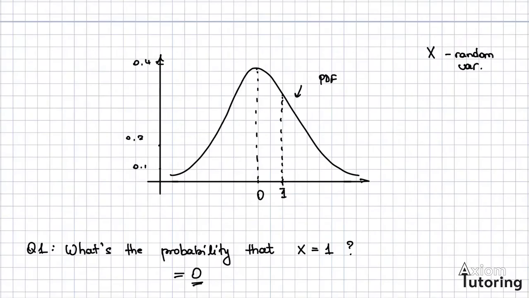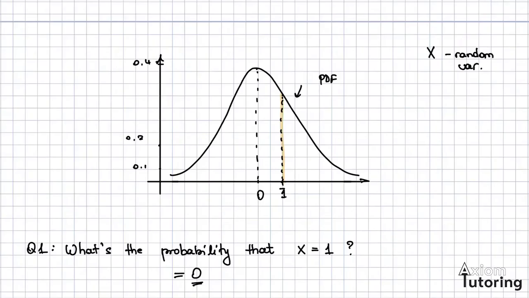So even though there is a certain height associated with number 1, probability is 0 at exactly 1 point. There is no area there. A point has no width. No width means no area, no probability.